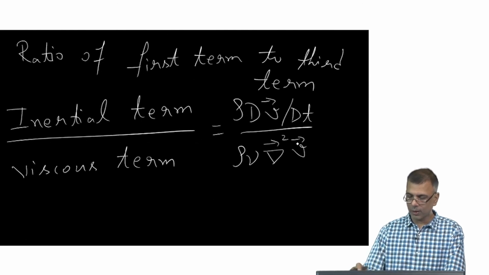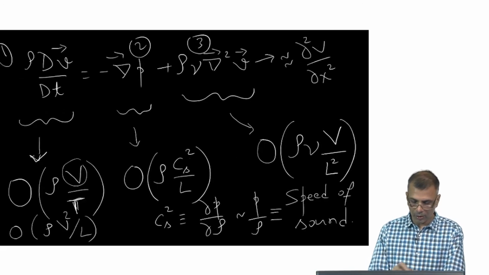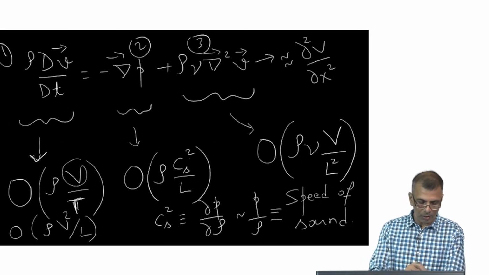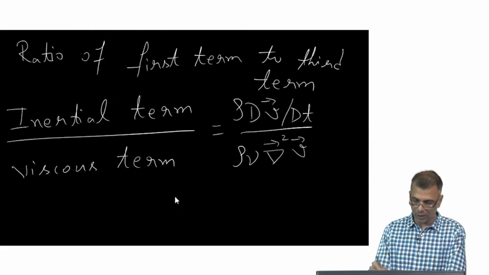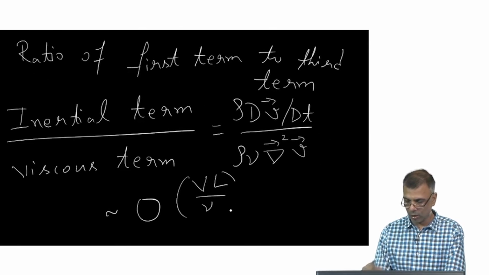The ratio of these two terms is, notice, this is of order rho v squared over L, and this is of order rho nu v over L squared. Obviously the rho's will cancel each other. So this turns out to be of order vL over nu.